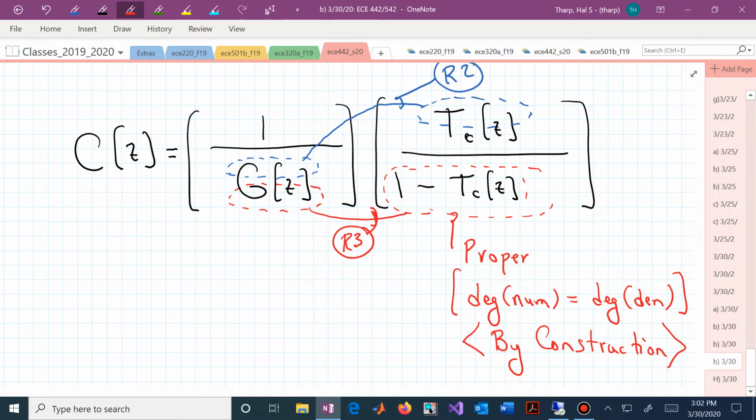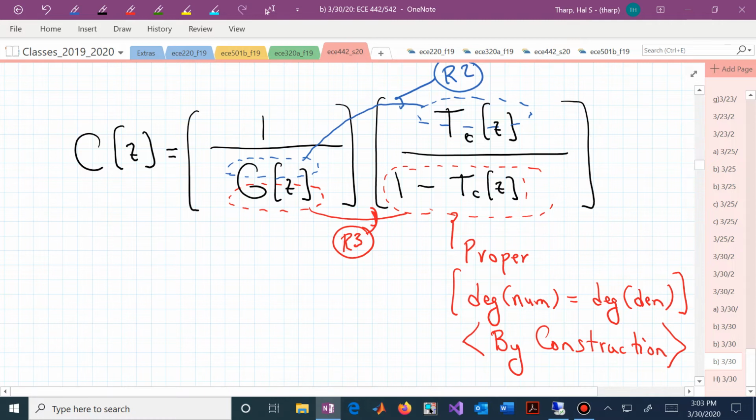Well, now 1 is the denominator over the denominator. So whatever the degree of the denominator was, that's now the degree of the numerator of 1 minus t sub c of z, since you have denominator minus numerator in the numerator expression of 1 minus t sub c of z.